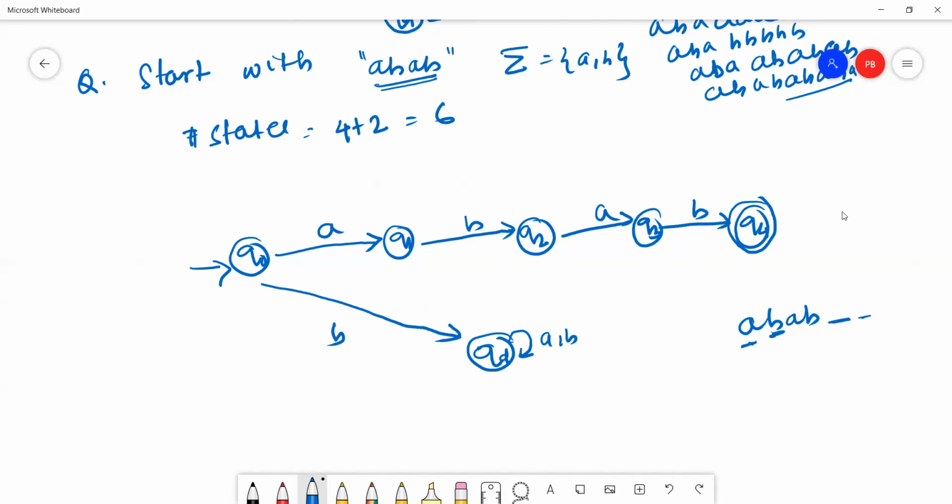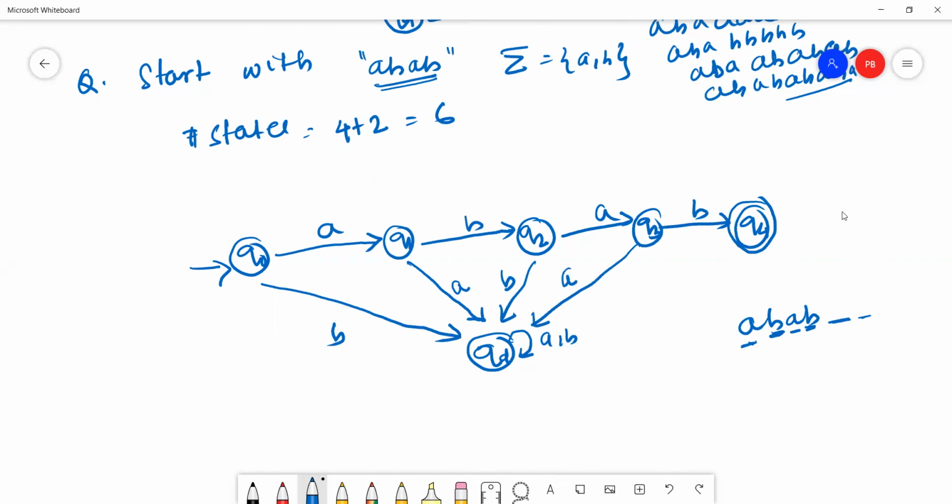The second alphabet must be B. If A comes, it goes to the dead state. The third alphabet must be A. If B comes, it goes to the dead state. The fourth alphabet must be B. If A comes, it goes to the dead state.